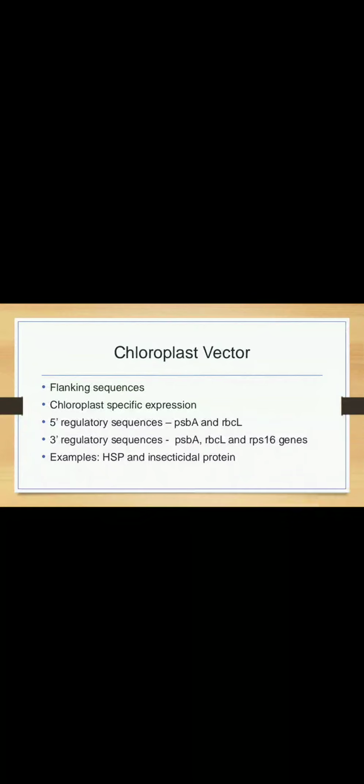When we are inserting the transgene, there must be some method by which we are able to deliver our DNA into the plastids. Previously, we used to go for polyethylene glycol mediated gene insertion, but nowadays we are having the particle delivery system.